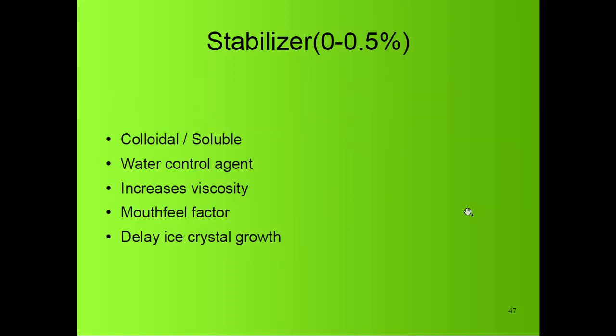So the stabilizers are a water control agent and they increase the viscosity of the ice cream. And viscosity is a measure of how things flow. When I think of viscosity, I think of it as the friction between layers of fluid. So this is how we measure viscosity. You take a funnel and fill it full of whatever you want to test, and you time how long it takes to leave the funnel.